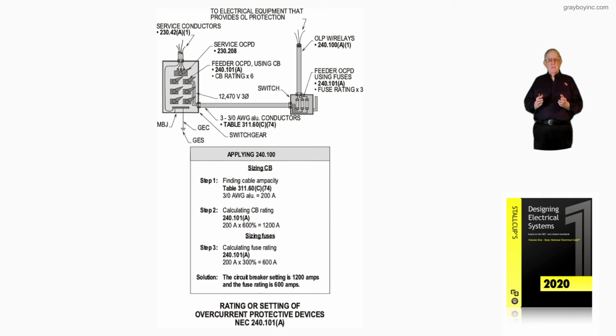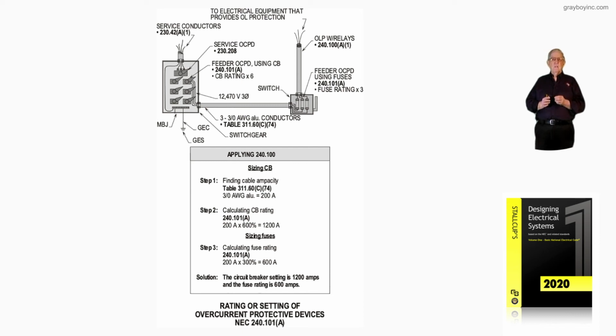If it was a transformer, then you could go to table 450.3(A) and get the same setting that would protect the transformer and the windings of the transformer, but not the conductors. You have to come back over to 240.100 and 240.101(A) to do that.